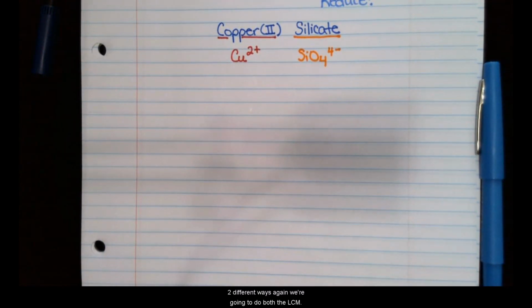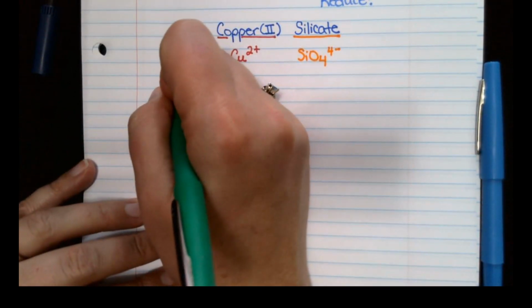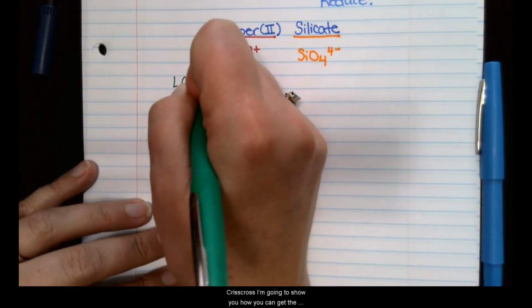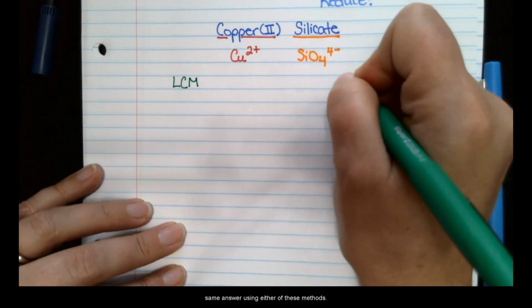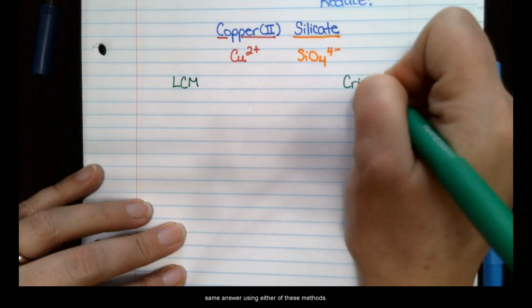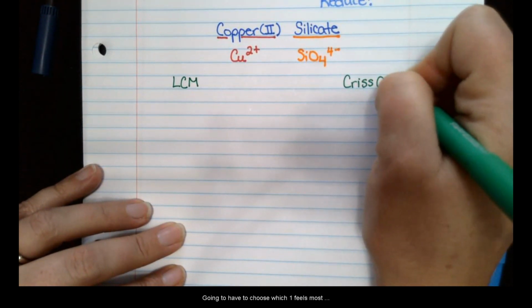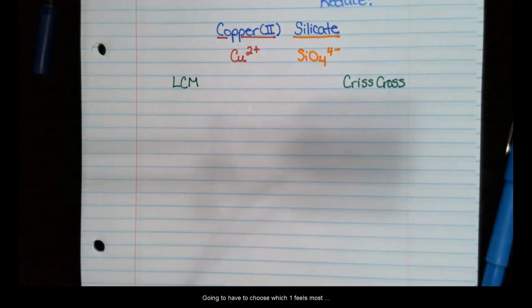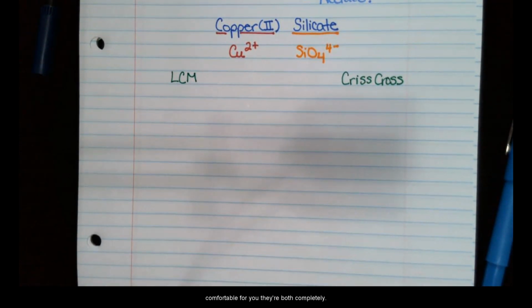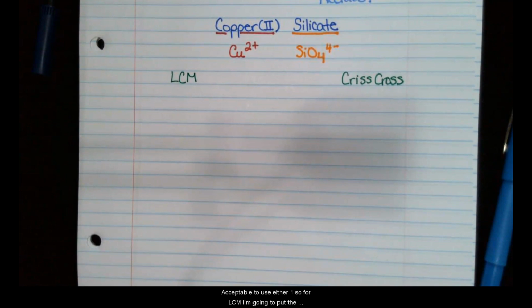Again, we're going to do both the LCM and the Criss-Cross. I'm going to show you how you can get the same answer using either of these methods, and you're just going to have to choose which one feels most comfortable for you. They're both completely acceptable to use either one.